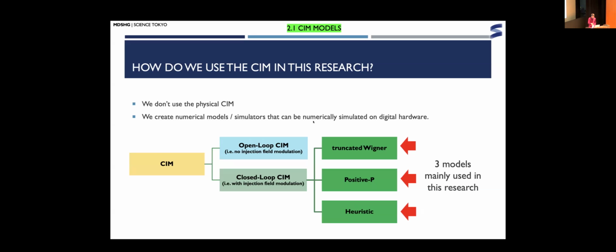We are mainly dealing with the closed loop, and I'll go into detail about these in the upcoming slides: what's an open loop, what's a closed loop. In this case, we are approximating the density function of the CIM using Wigner and positive P quasi-probability distribution functions. And we propose a heuristic method as well.